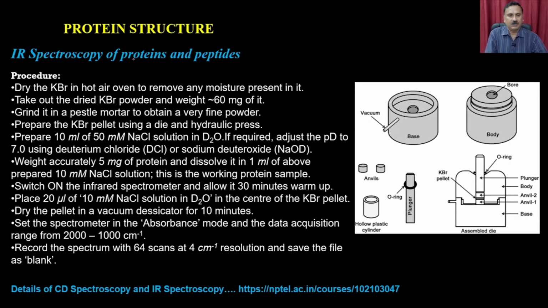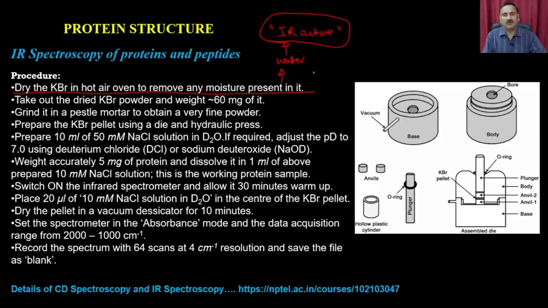And this is what you are supposed to do as the procedure. These are the instruments you require. You dry the KBr in a hot air oven to remove any moisture. Remember that water is very much IR active, and if water is present, it will reduce the signal and may mask some of the signal.